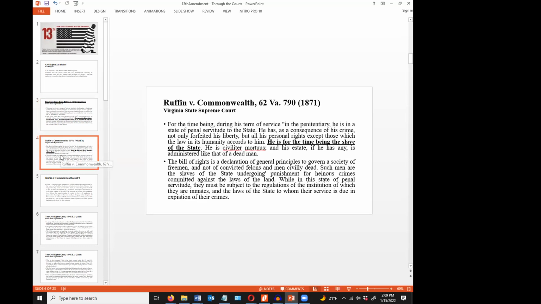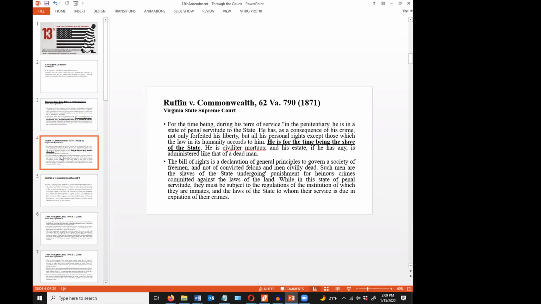But then, doing further research, there was a case in Virginia called Ruffin versus Commonwealth. And it said, for the time that a person is serving their sentence in the penitentiary, he is in a state of penal servitude to the state. He has, as a consequence of his crime, not only forfeited his liberty, but all his personal rights except those which the law and his humanity accords to him.